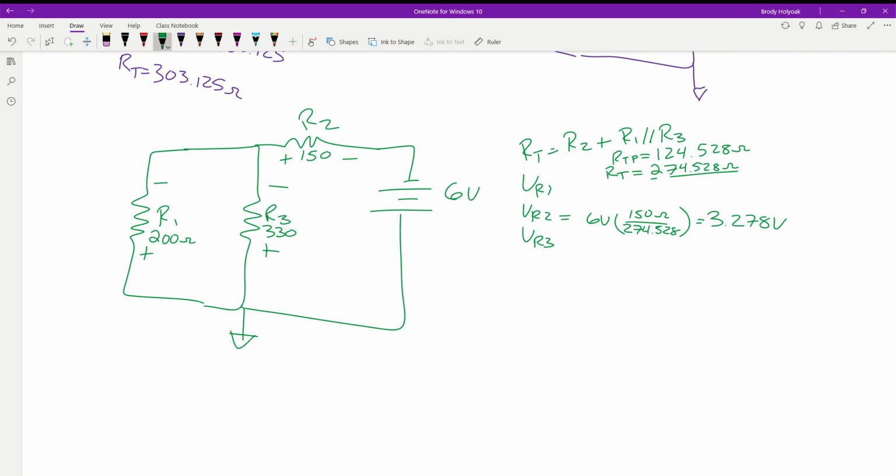R1 and R3 are going to be the same because they are in parallel. So again, we'll take the 6 volts and subtract out this value, or we could go through and solve for this parallel resistance total in our formula. We would just replace this 150 with the 124.